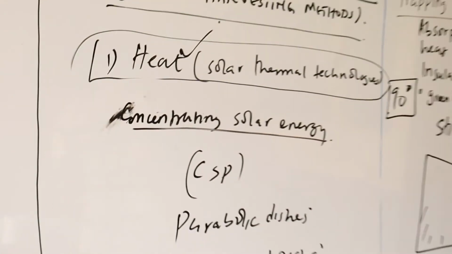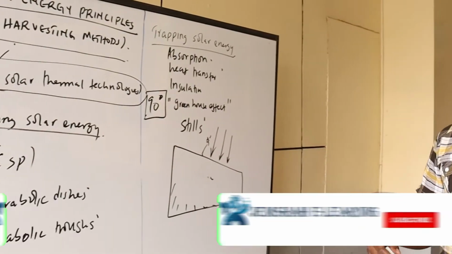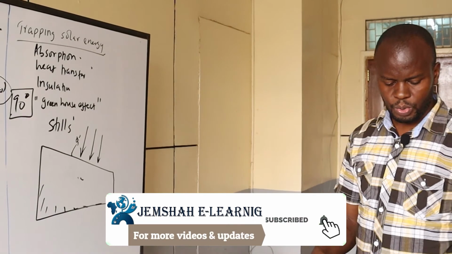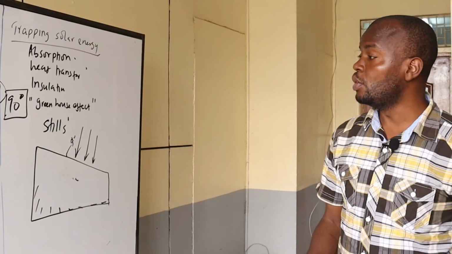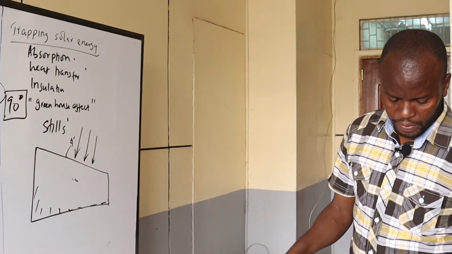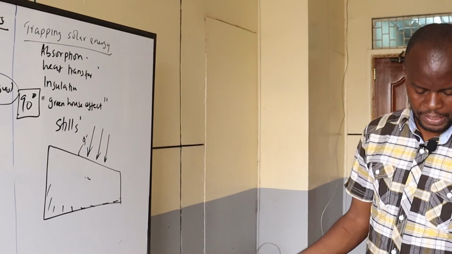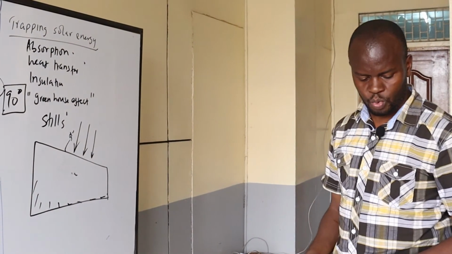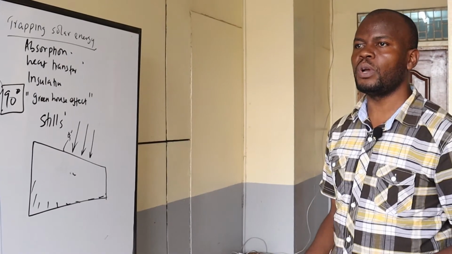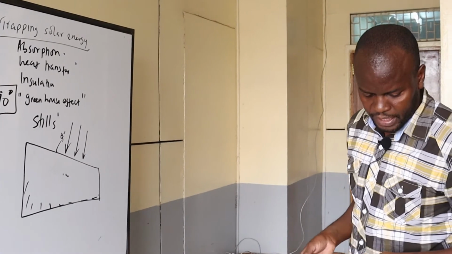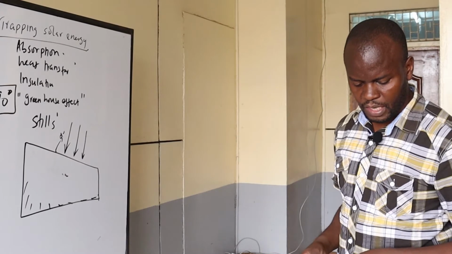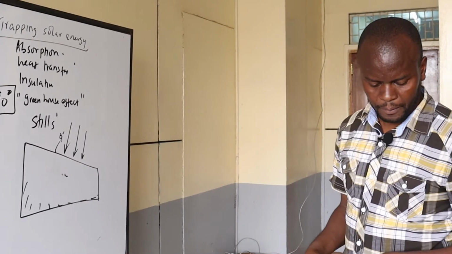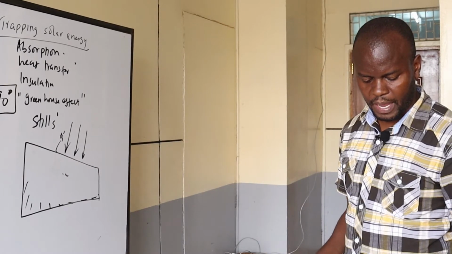You'll find that in applications like the flat plate collectors used in solar water heating systems, they take advantage of both the greenhouse effect and the absorption principles to trap energy for heating air as well as water. These collectors usually consist of large boxes with glass windows in front of an airspace and black material absorber plates with a layer of insulation behind.